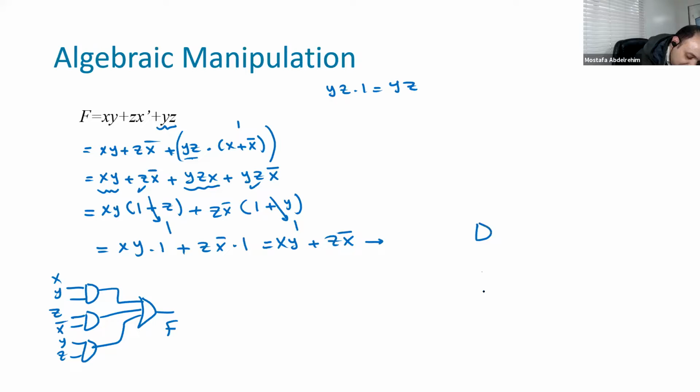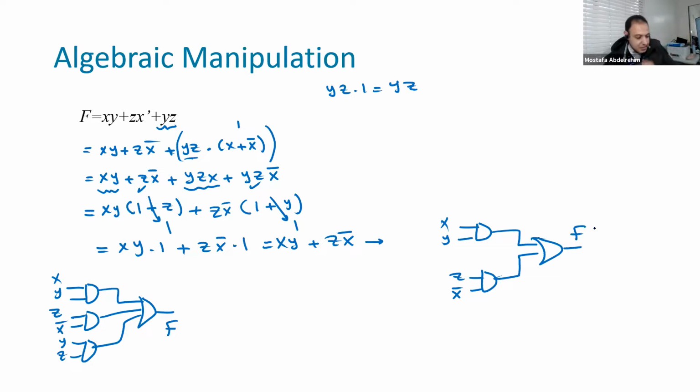You have two AND gates: xy, and the second one is zx bar. Then you have an OR gate. This is basically it. All of this is equal to xy plus zx bar, and the third term just vanished. We have something similar to something we took before, if you remember.